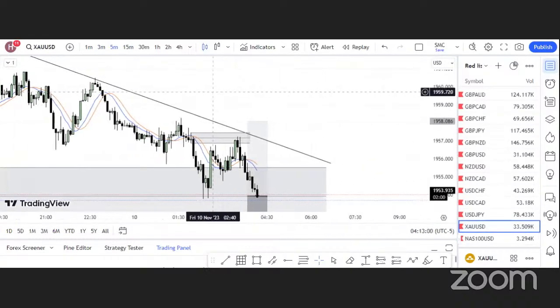So our timing was very good. So let's see if we are going to get a proper rejection here. Once we get a proper rejection, we take a buy trade. Let's wait on that. We are still waiting.